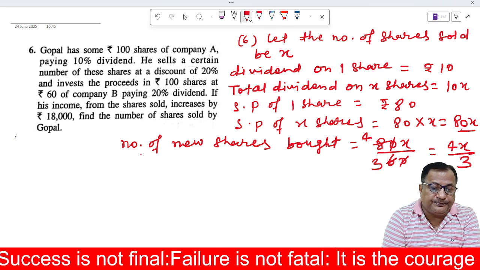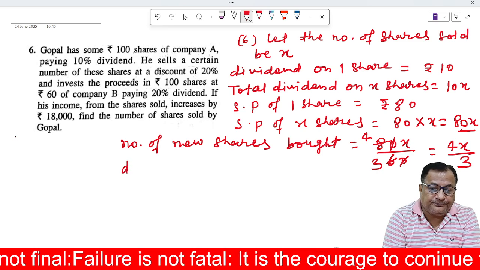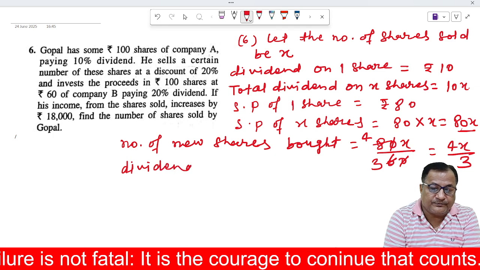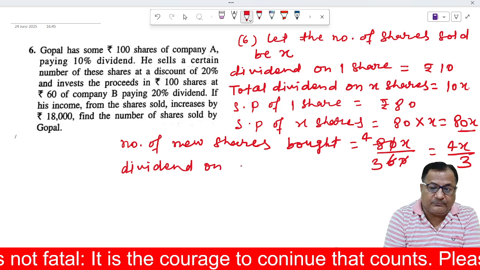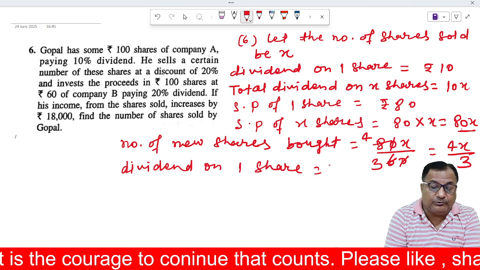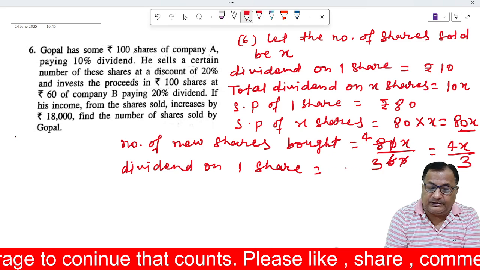And it pays 20% dividend on one share, which is the new share he has bought.